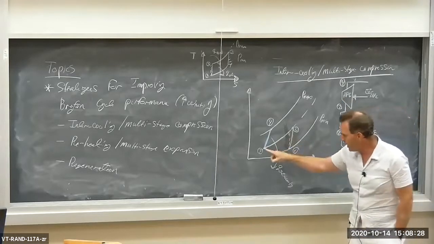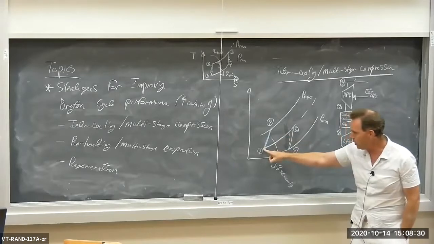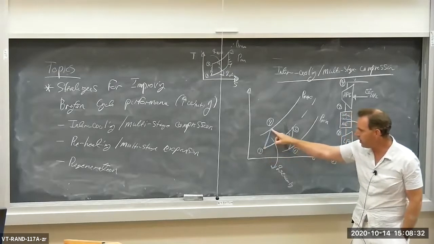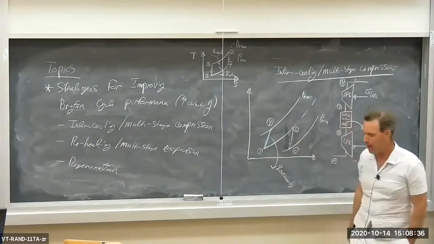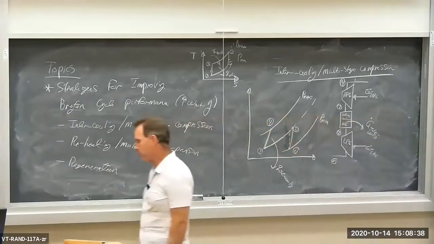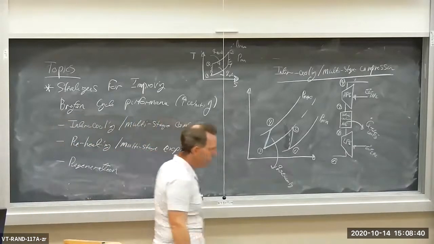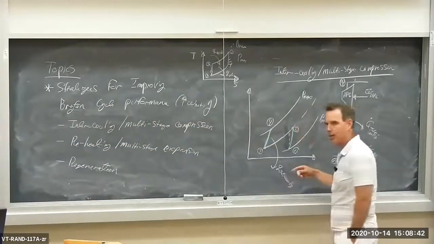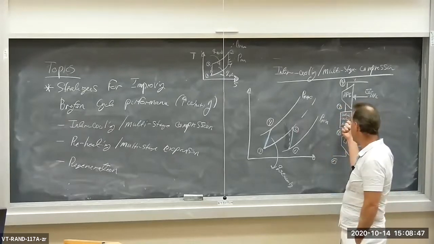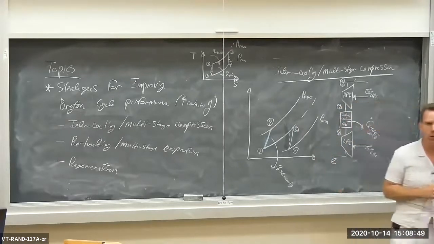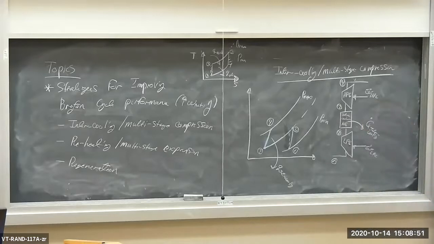Once we cool the gas down to some low temperature, T3, we complete the compression process all the way up to Pmax in the high pressure compressor. So we've split the compression process up into two compression processes with heat rejection, or intercooling, in between.